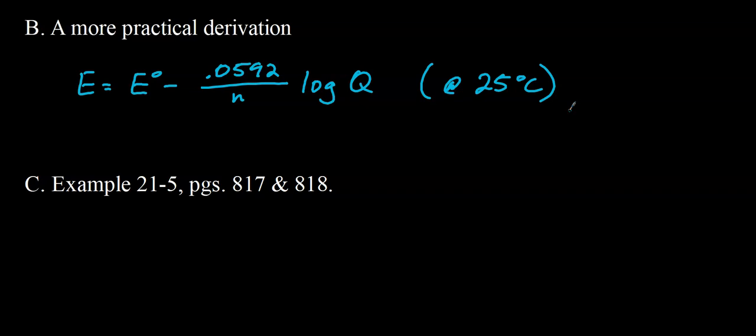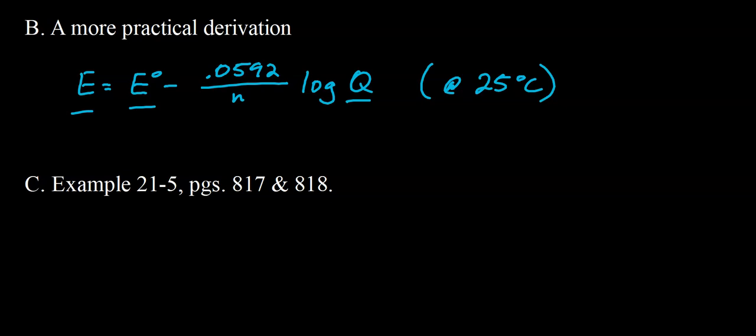So something to keep in mind is how Q affects E, and the relationship between the non-standard potential and the standard potential. If Q is greater than 1, that means first of all we have more products than reactants, and kind of the reverse reaction is favored. Even though we have a one-way reaction, it is reversible, so it's really not at equilibrium, but we still look at the possible reverse of the reaction.